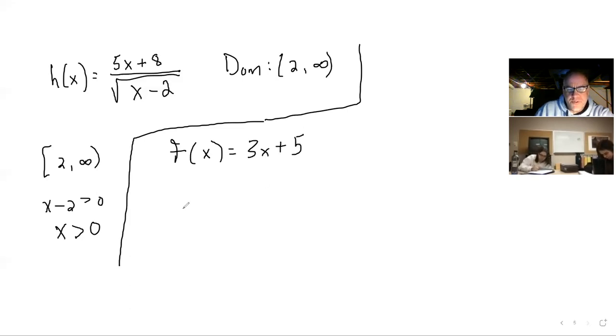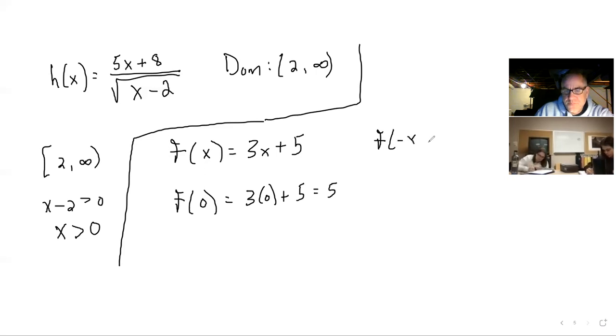And I was asked to find f of 0, then I don't think this is going to be any problem for you guys. It's going to end up being 5. But you will have other problems where you're asked to find f of the opposite of x.